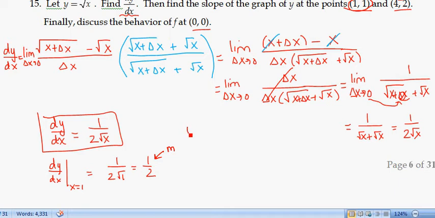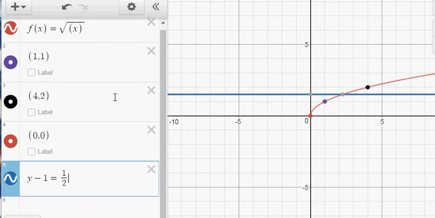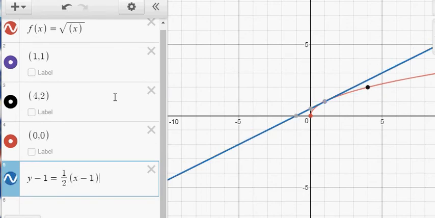So using point-slope form would be y minus 1 equals 1/2 times x minus 1. So let's type that in. So y minus 1 equals 1/2 times x minus 1. And there we see that that does in fact look tangent to the curve.